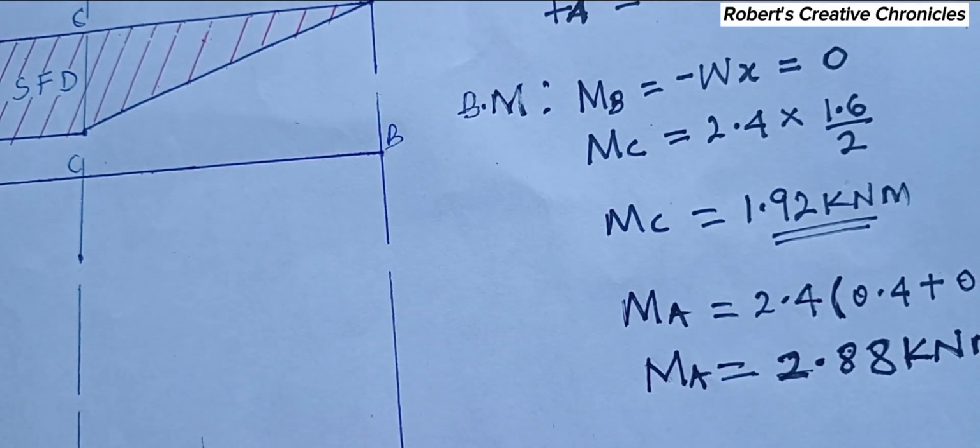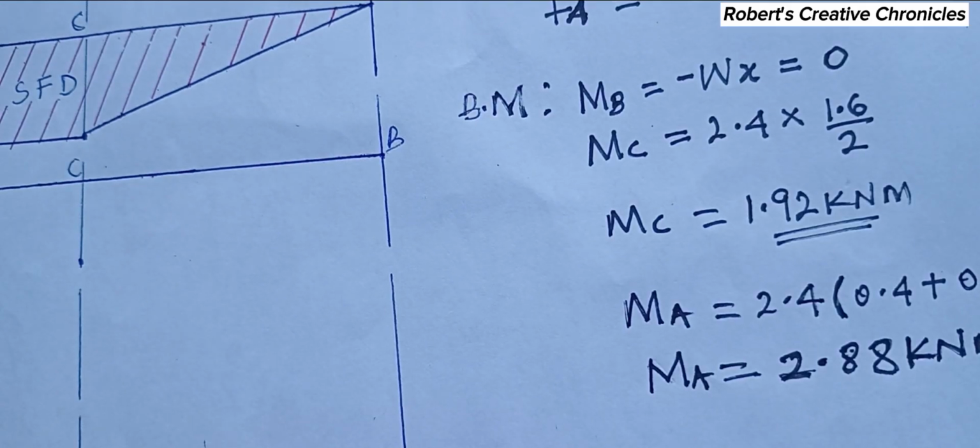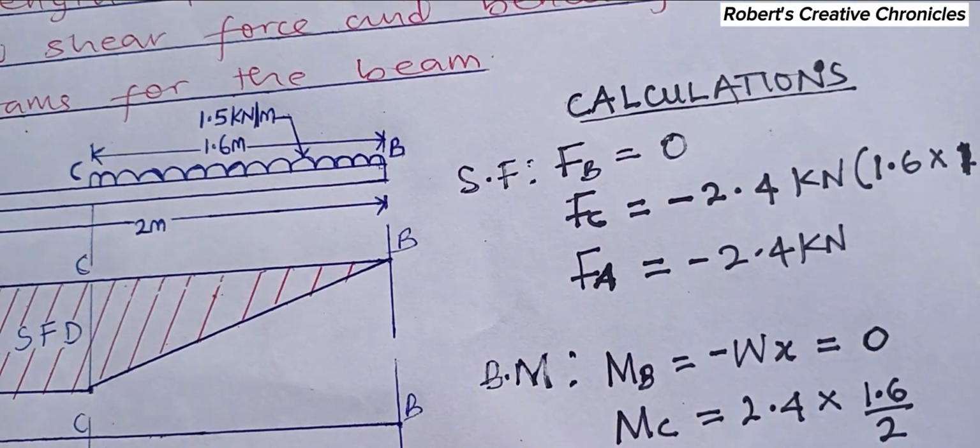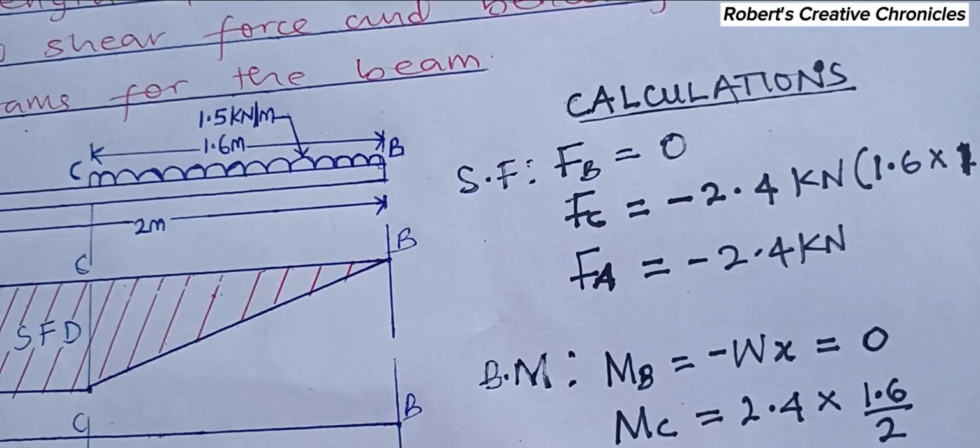For bending moment, the UDL is represented by a parabolic curve.